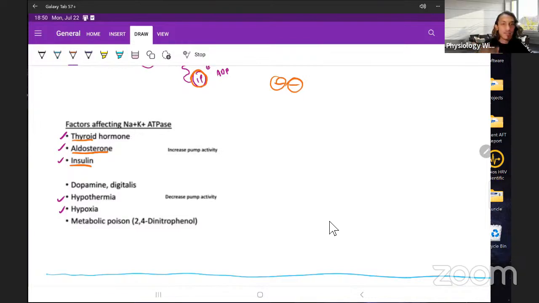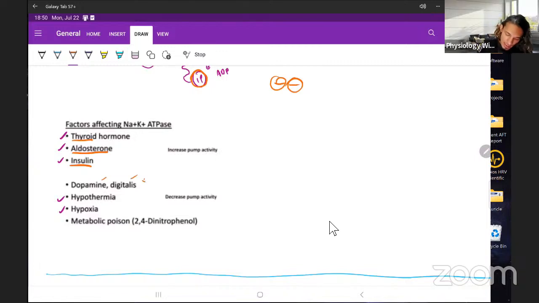Aldosterone in a way increases sodium potassium ATPase in the nephron. So anyway, we have your thyroid, aldosterone, insulin, they basically increase your pump activity. On the other hand, substances like dopamine, digitalis can decrease pump activity.